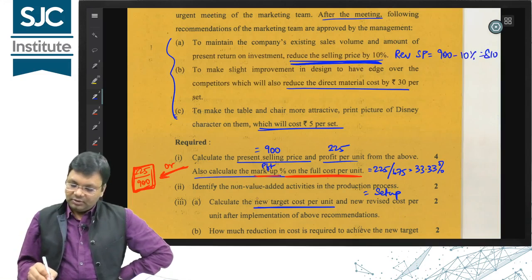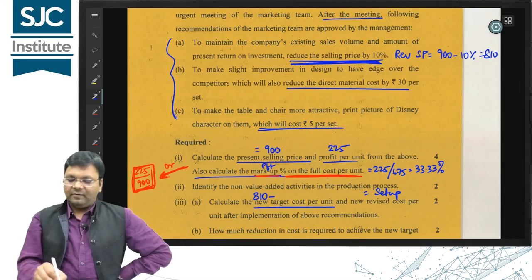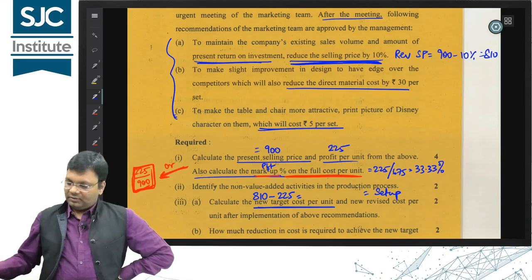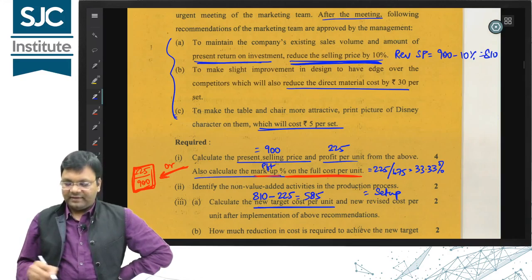Okay. So new target cost is 810 minus our current profit. We have to maintain the same present return on investment. So return on investment is maintained by having a profit of 225 per unit. So new target cost will be 810 minus 225. This is coming 585. 810 minus 225 is equal to 585.